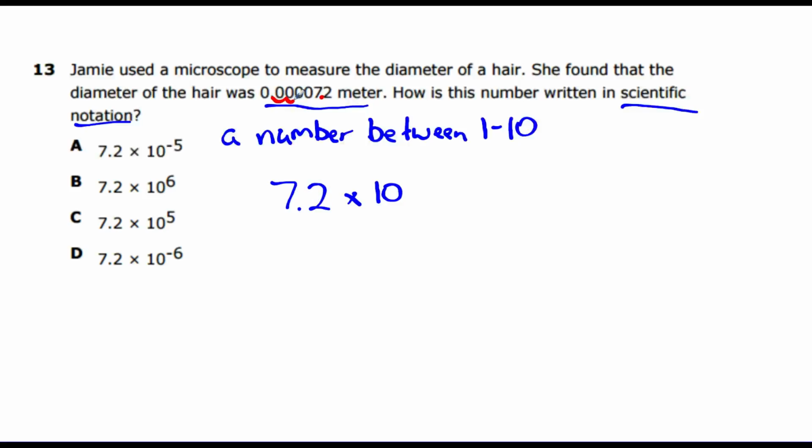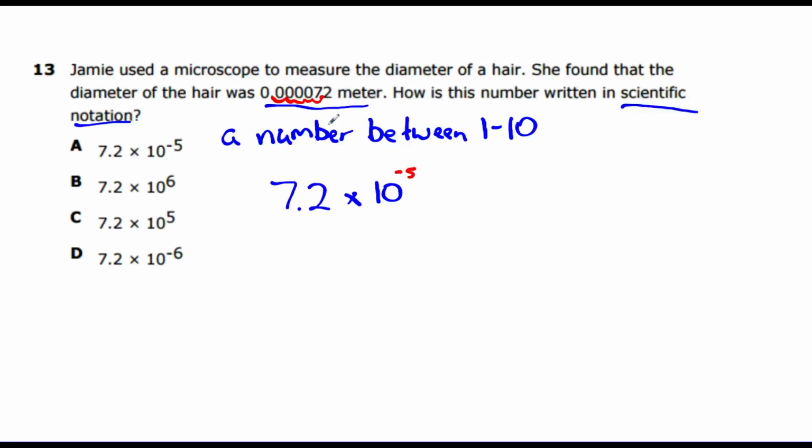So we go 1, 2, 3, 4, 5. So this is to the 5th power. And since our number is small, 0.00072, pretty small, the diameter of your hair, it's not very thick, to indicate small numbers, use negative exponents.